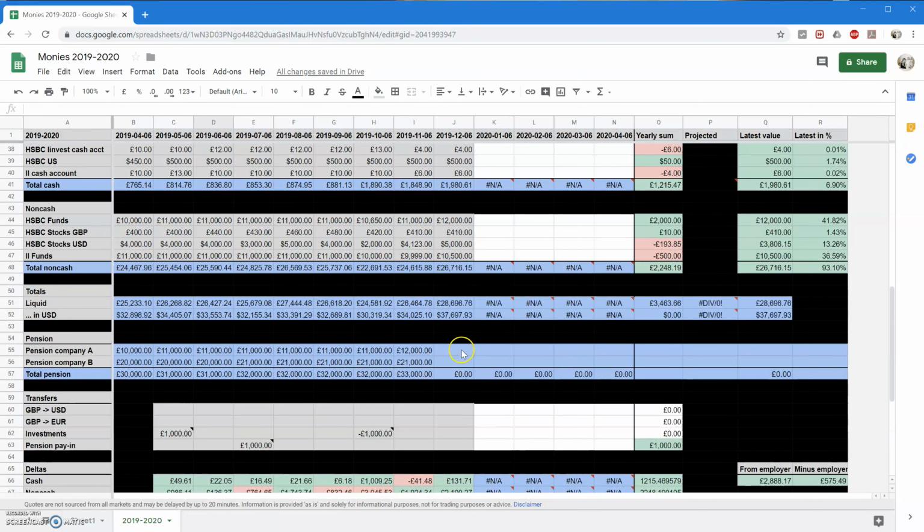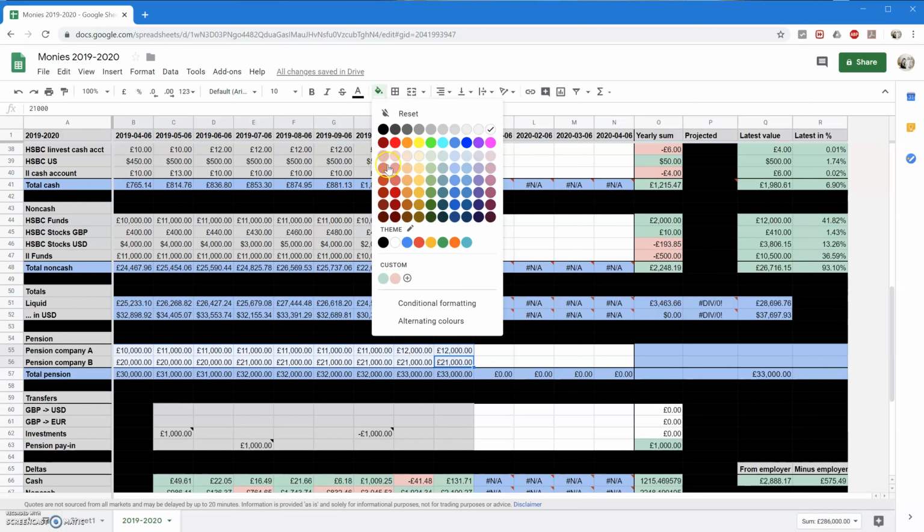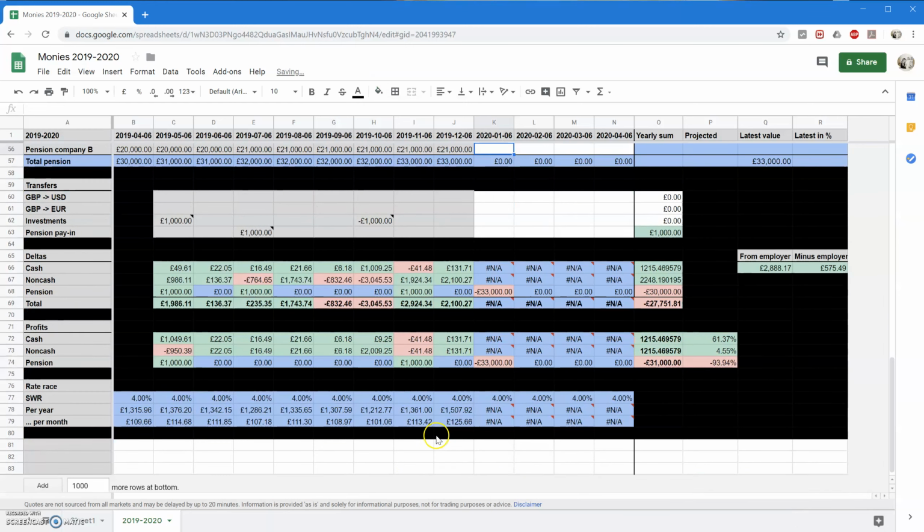Oh, and these should actually not be blue, I just realized. They should be the normal color. There. And I'm done with them.